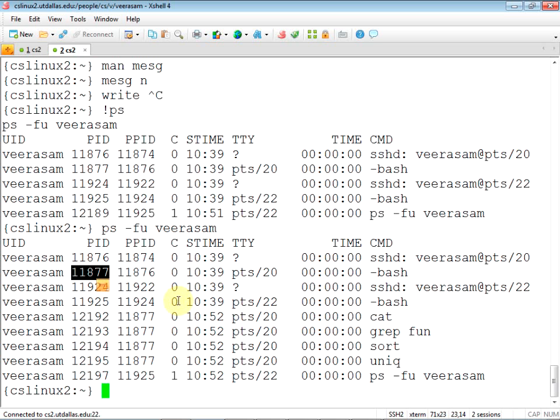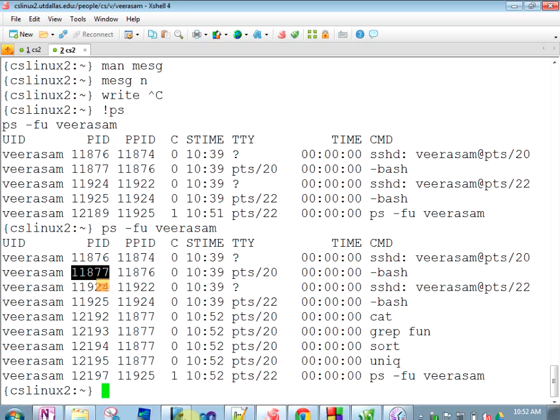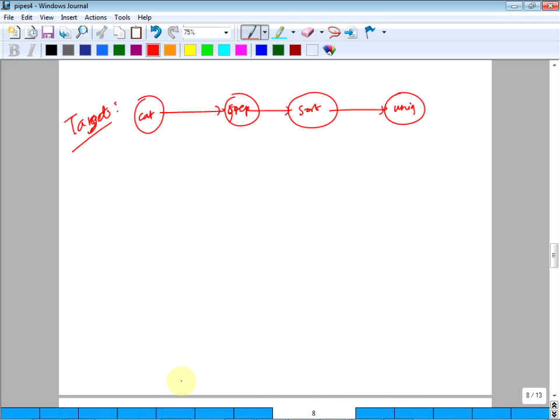Okay. So what it suggests is that the parent shell realizes how many pipes it needs, so it creates that many pipes. Right? That's pipe 1, pipe 2, pipe 3. So finally you are going to use pipe 1, pipe 2, pipe 3, right?